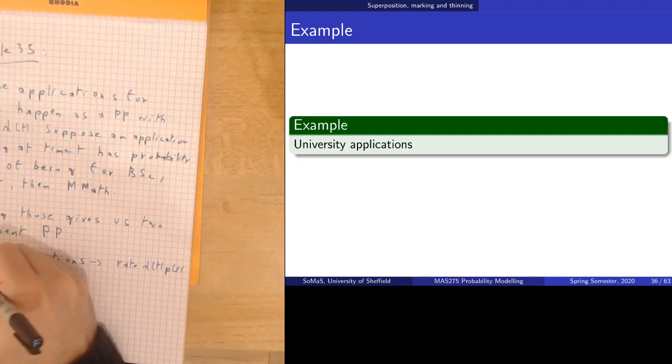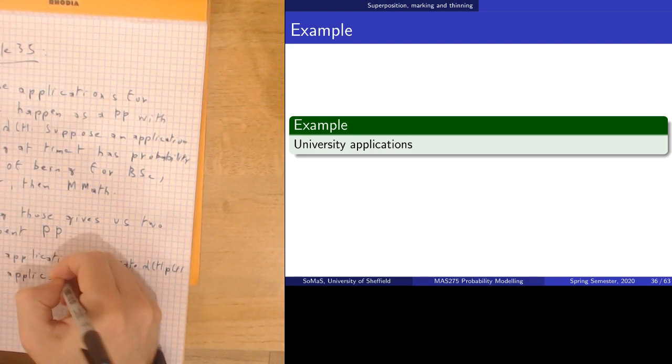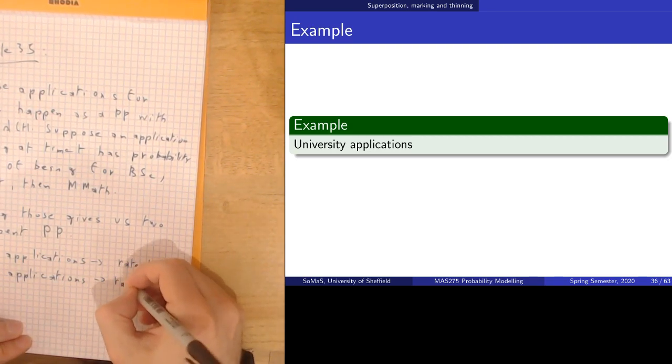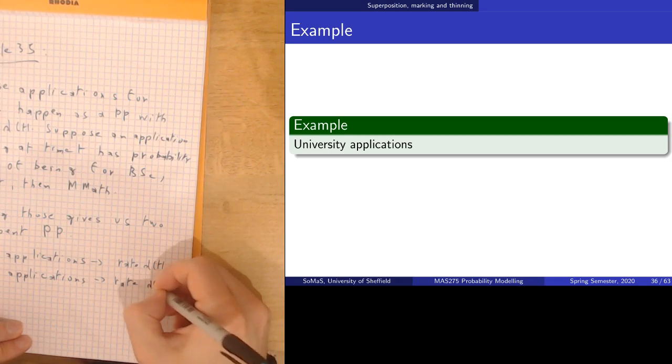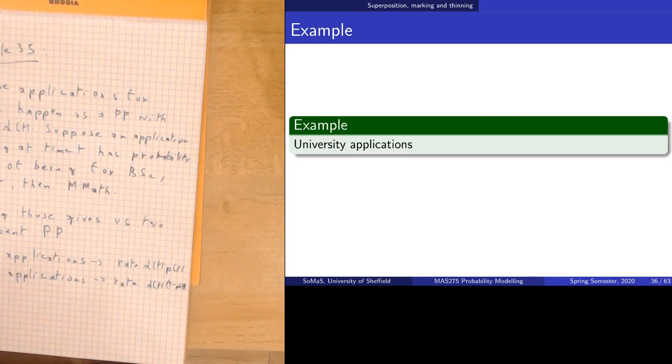And the other ones, the MMath applications, the rate is lambda of t times 1 minus p of t. So the complement, so that it adds up to lambda.